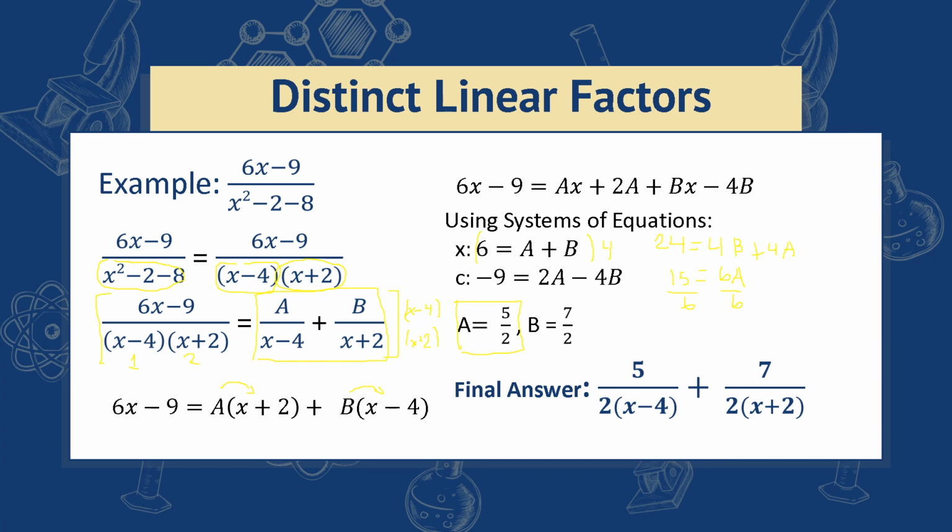So if we plug it in, our final answer would be the simple fractions of 6x minus 9 divided by x squared minus 2x minus 8 is 5 divided by 2 times the quantity of x minus 4, plus 7 divided by 2 times the quantity of x plus 2. So that is how you get the distinct linear factors case.